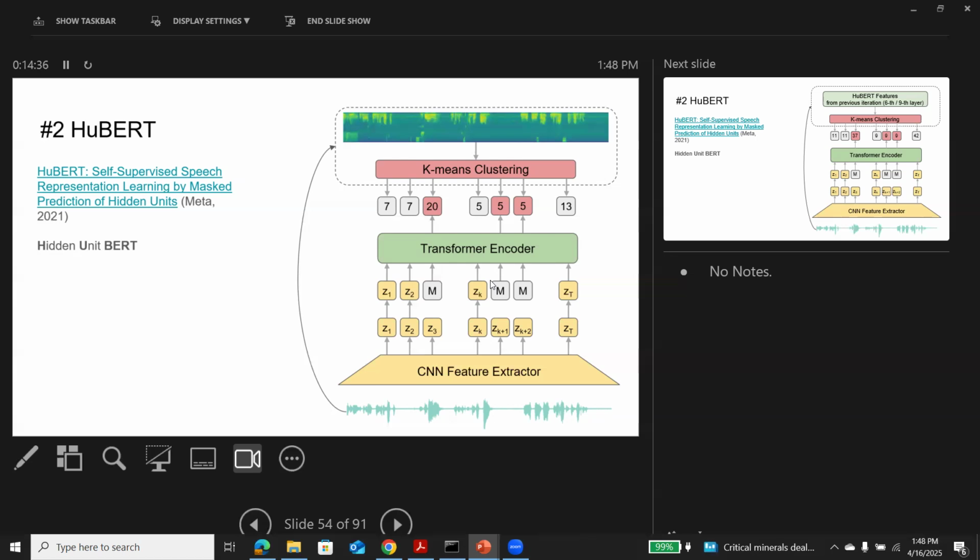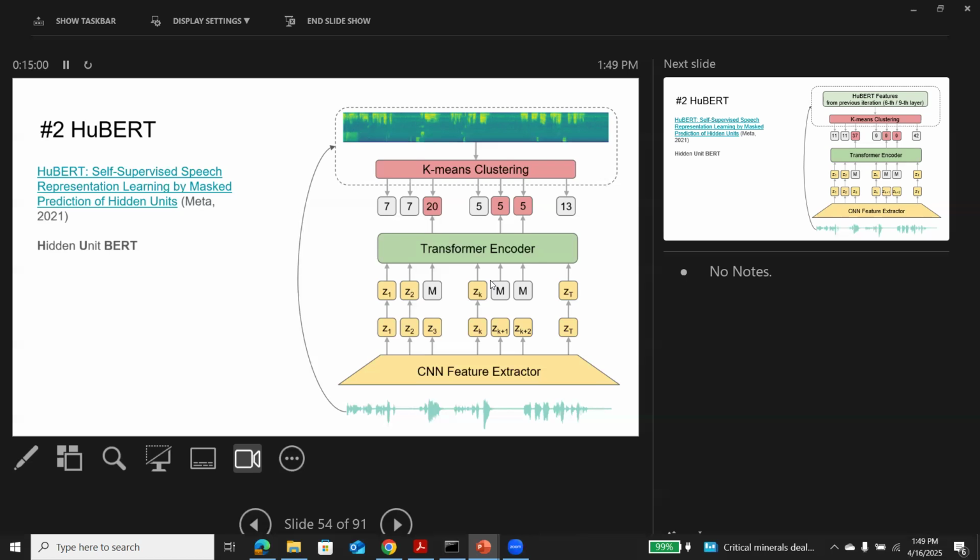Like in the previous case, where they used a code book, in this case they used the clusters from spectrograms. And you can understand that this model actually forced the embeddings to be similar to the spectrogram.